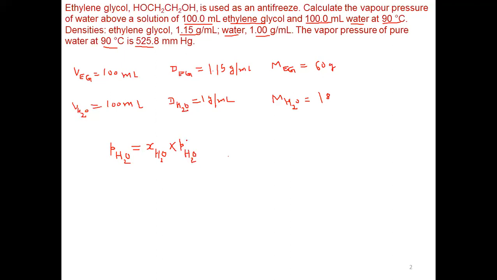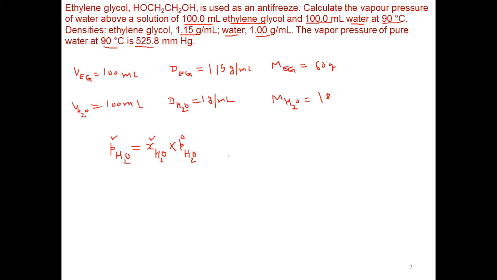By applying this formula, we can calculate the vapor pressure of water in a solution, and we are given the volumes of ethylene glycol and water used for the preparation of the solution.